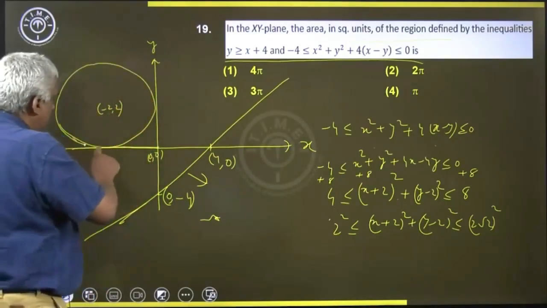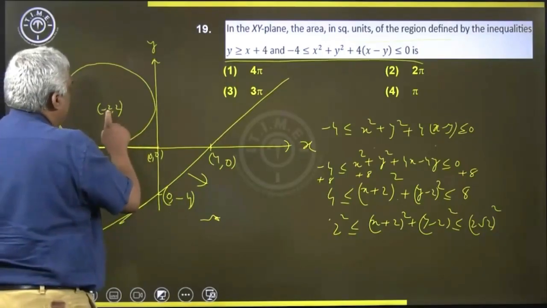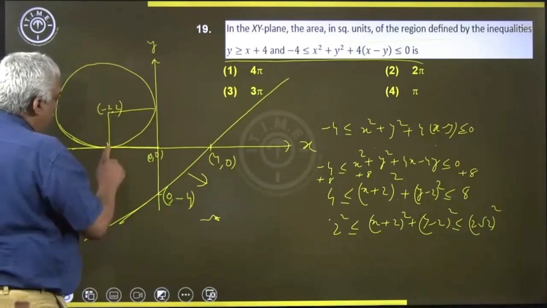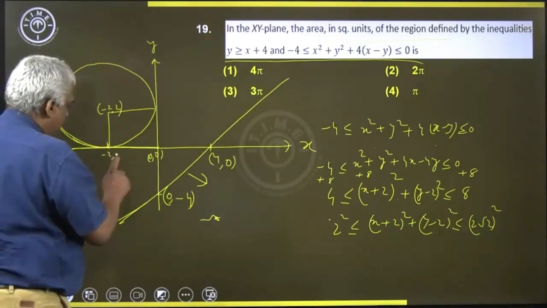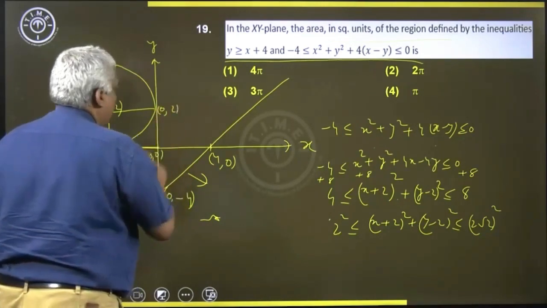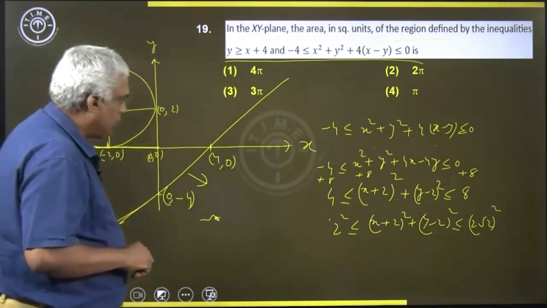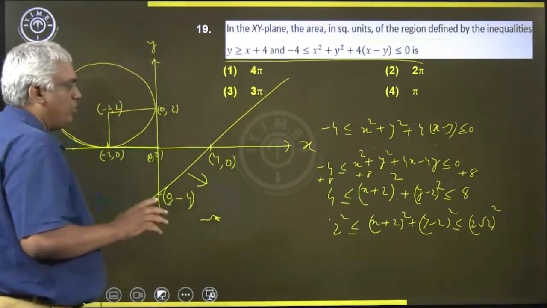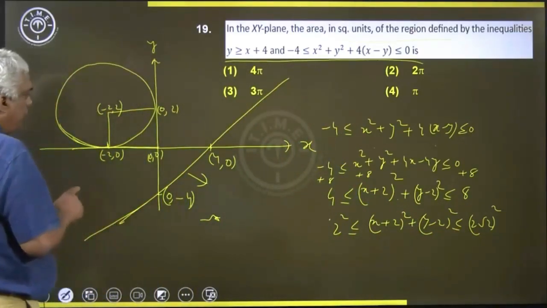This is one circle of radius 2, this is 2 and this is 2, okay. So this point is minus 2 comma 0, this point is 0 comma 2. So this is the circle, and the other circle has the same center but radius 2 root 2.